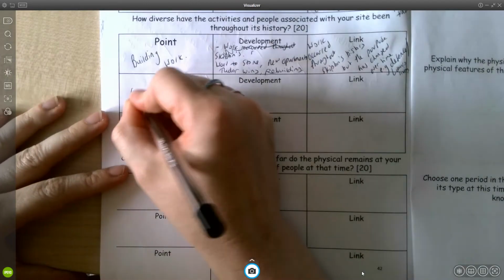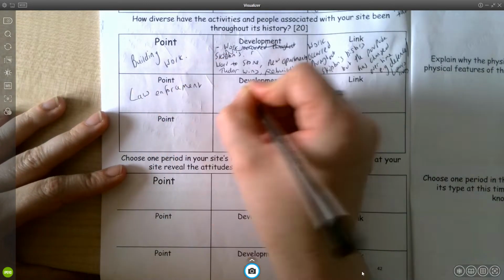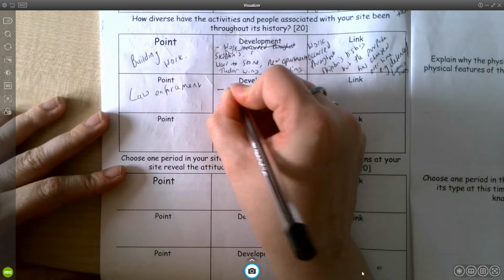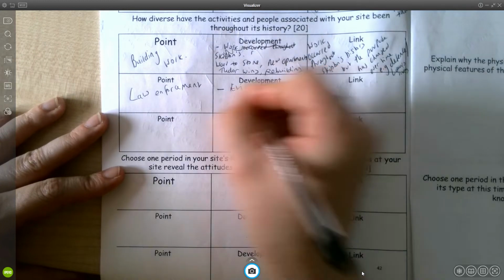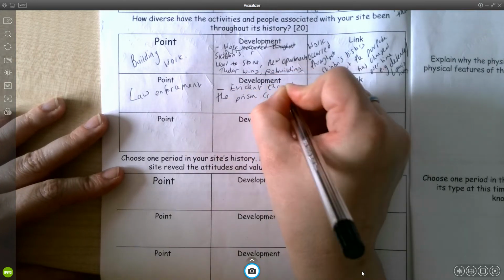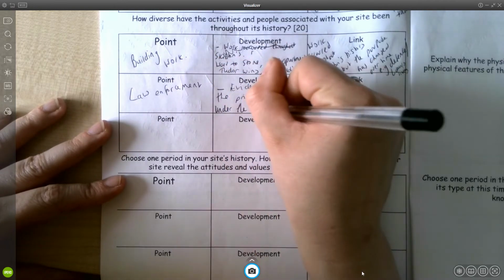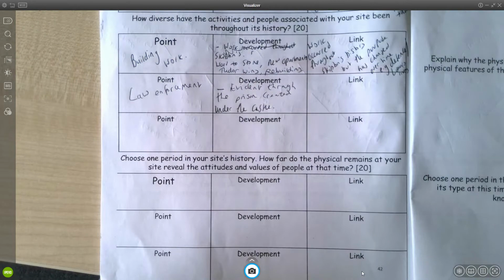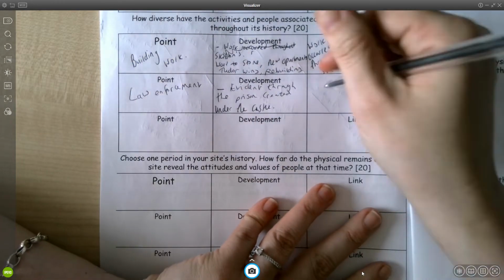Skipton Castle has also been used for law enforcement, evident through the prison created under the castle. So you could just explain the law enforcement a little bit more.